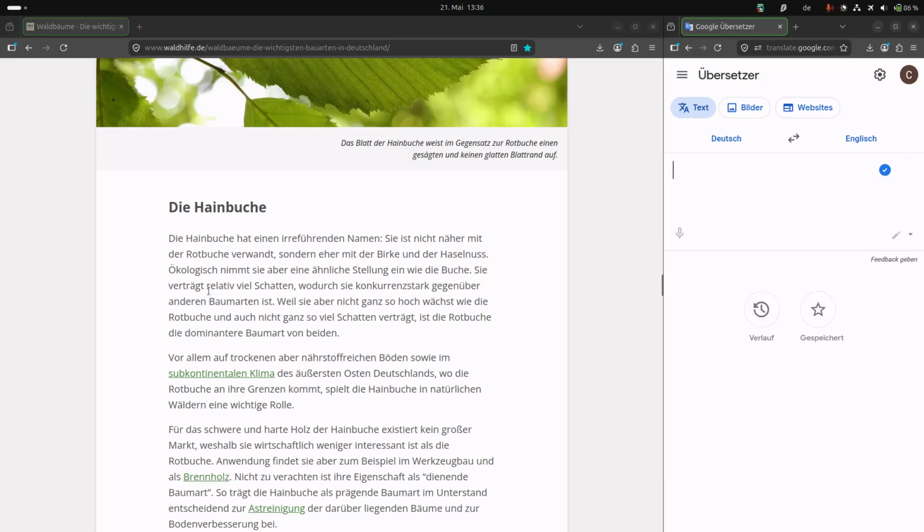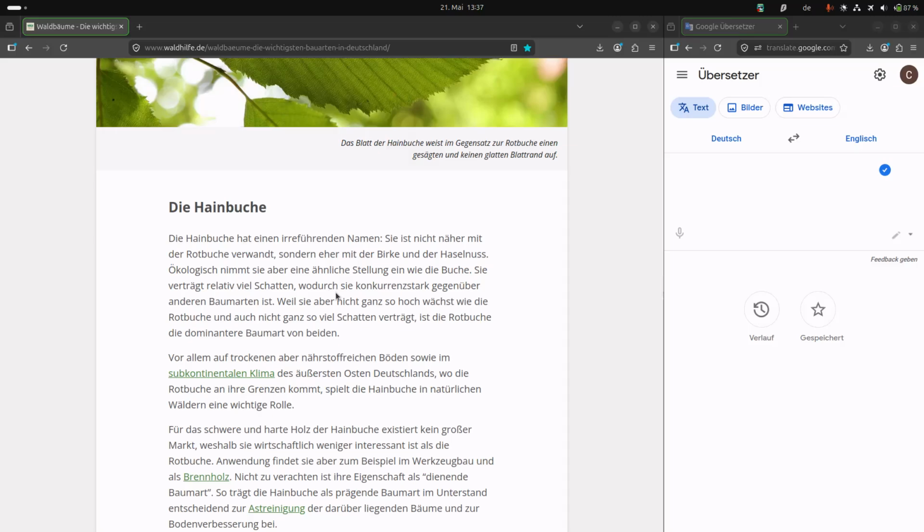So sie verträgt, or it tolerates relatively viel, much, or many, Schatten, shadow, plural form of that is also Schatten. So it tolerates relatively much shadow, or darkness rather in English you could say. Wodurch, which means where, through, what's the translation?